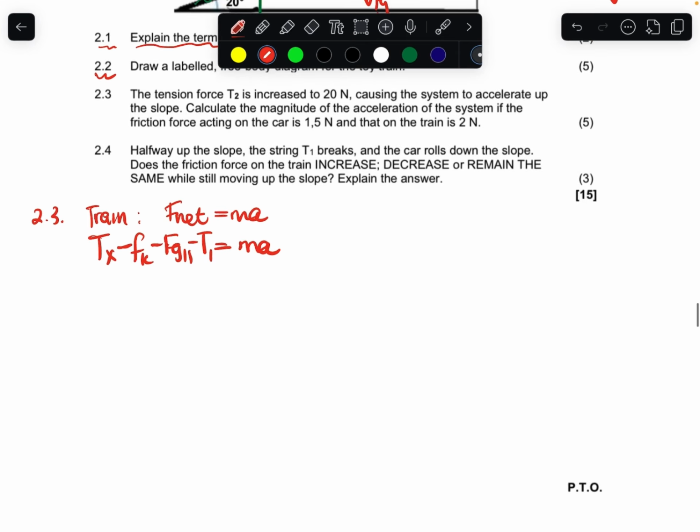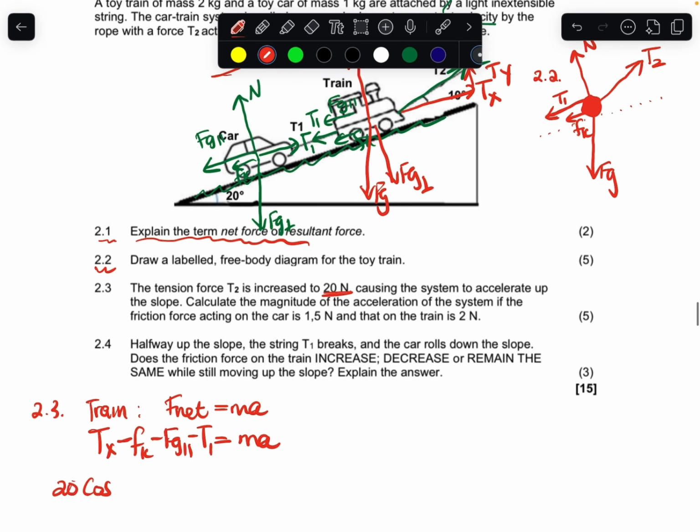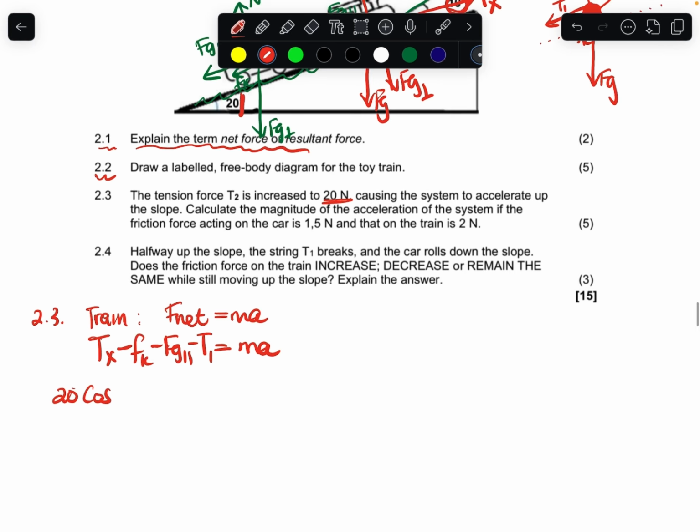And then I substitute. The TX is the same as FX. So it's going to be the force, we're told the force is 20. So it's going to be 20 cos, and the angle of the incline is not that one, not this one, this one. It's going to be 10 minus the frictional force, it's 2.